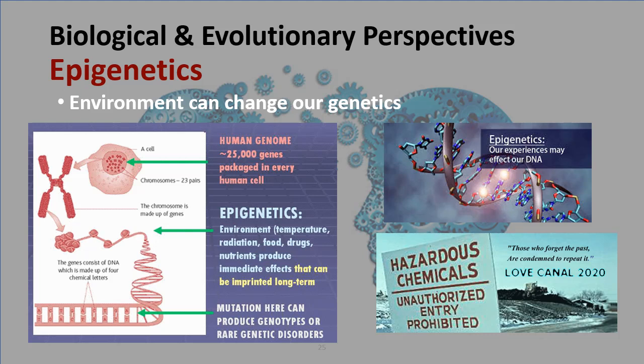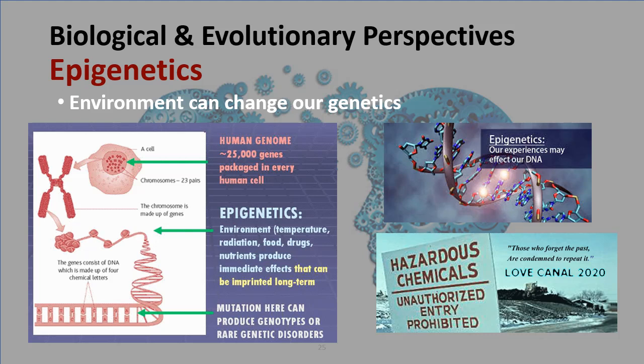Along the lines, when we look at the biology, there's a field that's becoming more and more popular and well known called epigenetics. And what epigenetics says is that our environment can cause our genes to mutate and change.